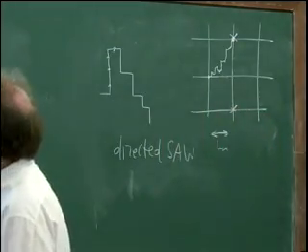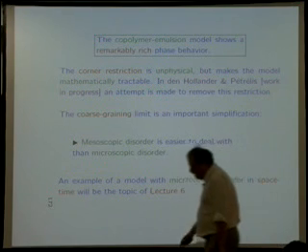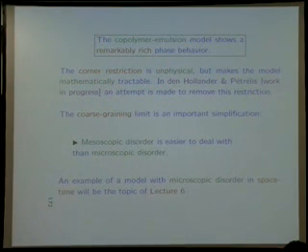And Nicolas and I are currently trying to get rid of that, to say, well, don't put in this corner restriction. And it seems that this complicated phase diagram is just going to survive. This is not something that is a byproduct of this corner restriction.